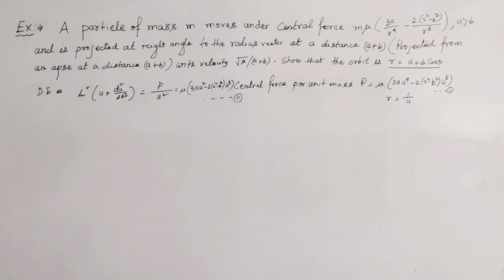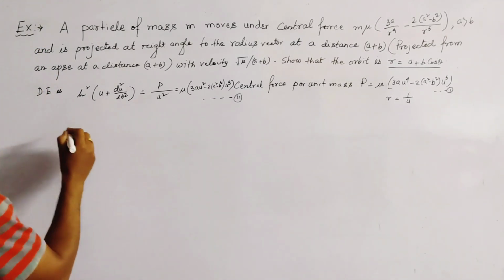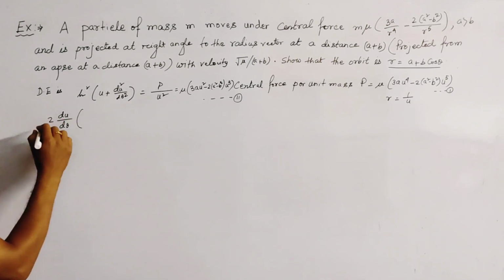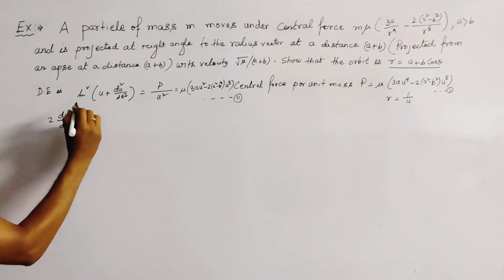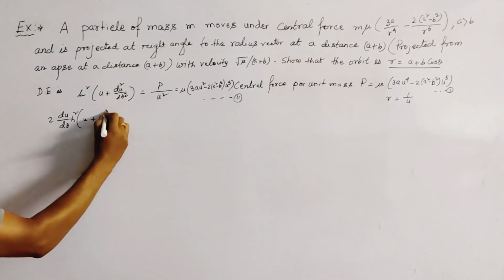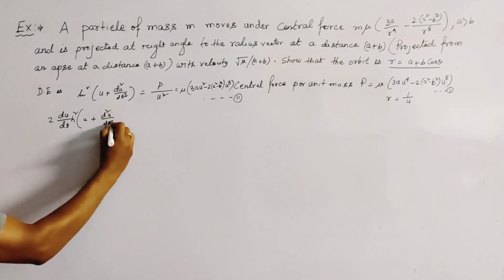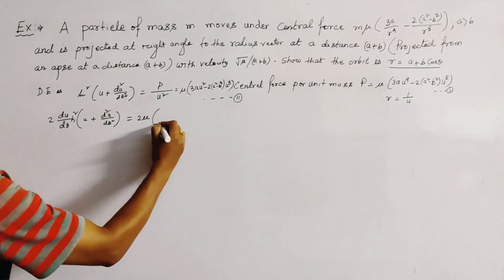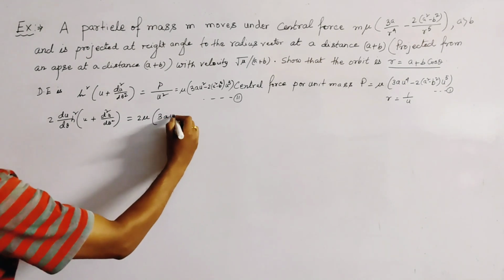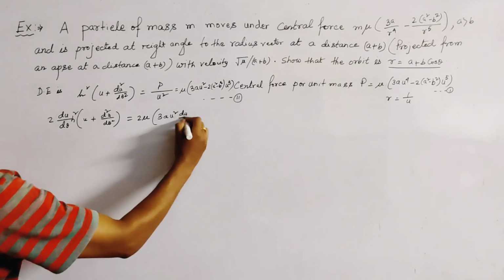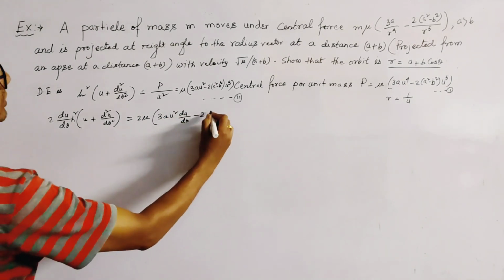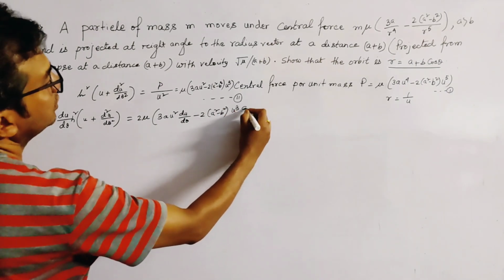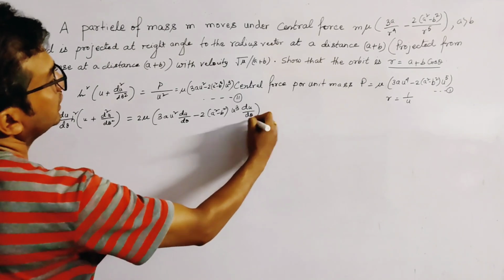Now we multiply both sides by 2 into du by d theta, that is 2 into du by d theta into h square into u plus d2u by d theta 2, equal to 2 mu into 3a into u square du by d theta minus 2 into a square minus b square into u cube du by d theta.